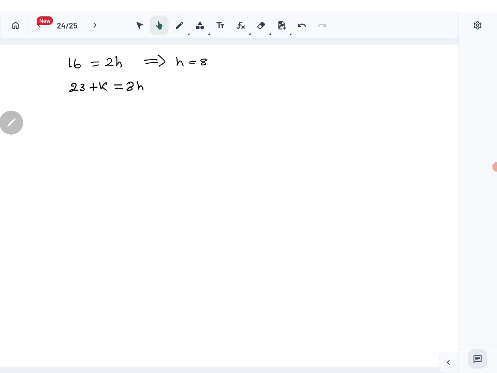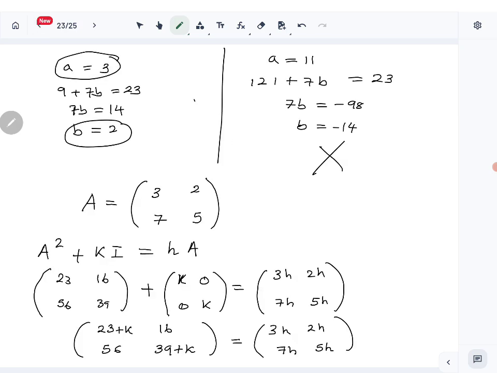So 23 plus k equals 24. Then k equals 1. Right. So then the statement is A squared plus I is equal to 8A. Right. That one is done.